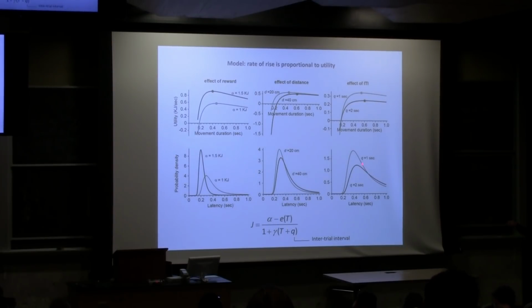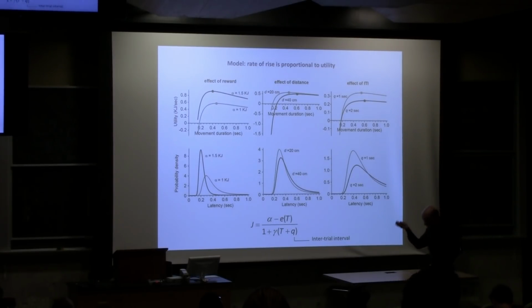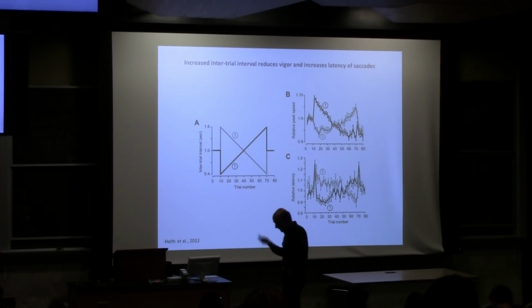And here's the probability distribution of the resulting reaction time. So if you make somebody wait before you allow them to move, when they are told to move, they will move later and they will move slower. That's what the theory predicts. And one can go and measure these things, and that's what happens.